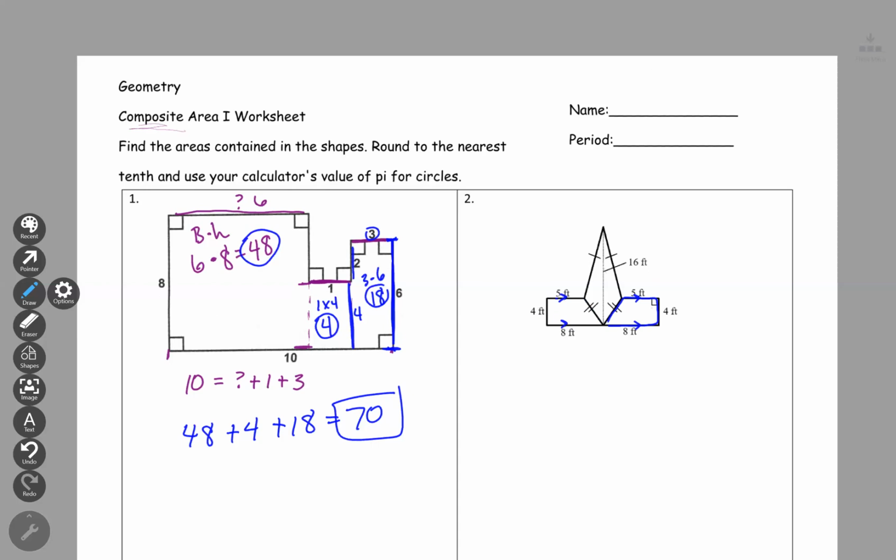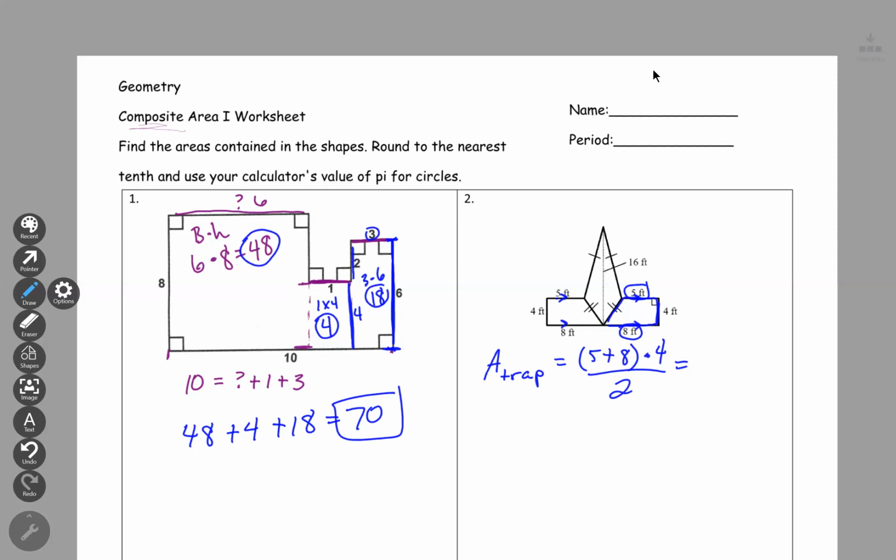So I'm going to find the area of this small trapezoid first. So the area of a trapezoid, remember, it's base 1 plus base 2 times the height divided by 2. So this is base 1, 5. Base 2 is the bottom here, 8. Our height, it's going straight up and down, 4. Divide that by 2.